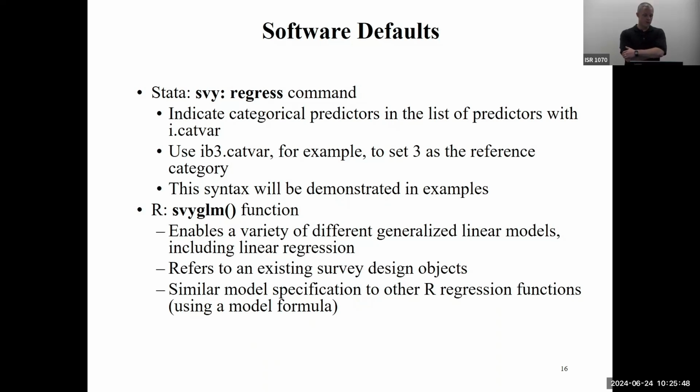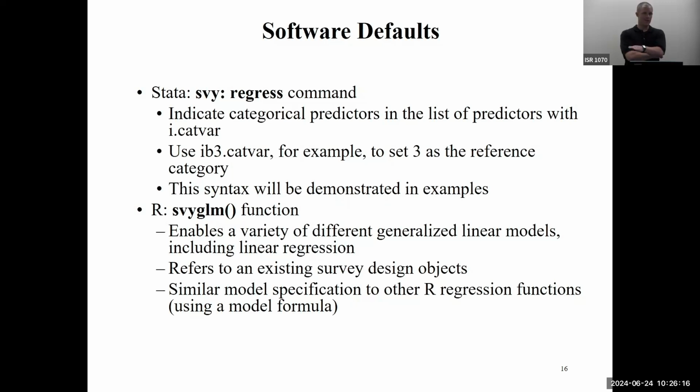A very cool thing you can do in Stata is specify the reference category on the fly when you're listing a series of predictors. So instead of just saying i., which will set the lowest value category as the reference, you would say ib and then the number of the reference category that you want. If I want category 3 to be the reference category, I would say ib3. and then the name of that categorical variable.